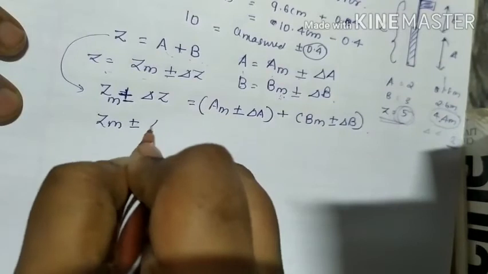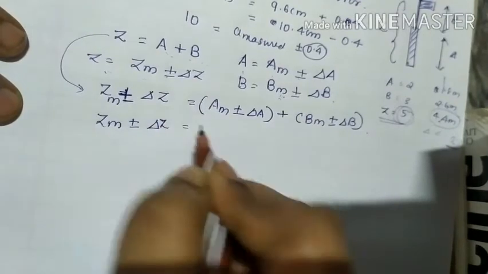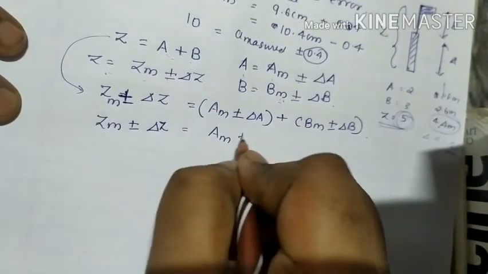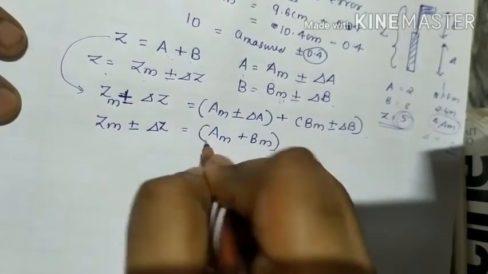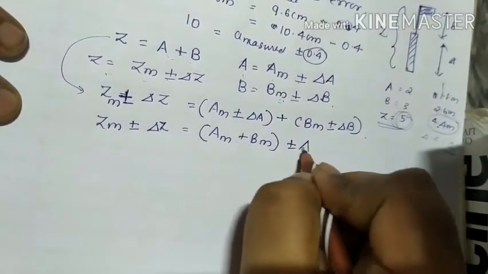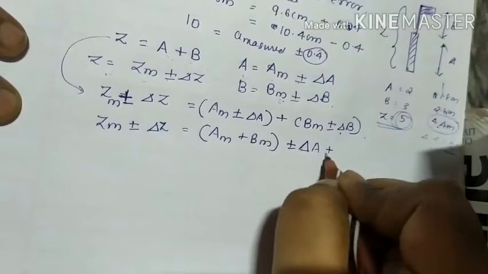ZM plus or minus delta Z is equal to AM plus BM plus or minus delta A plus or minus delta B.